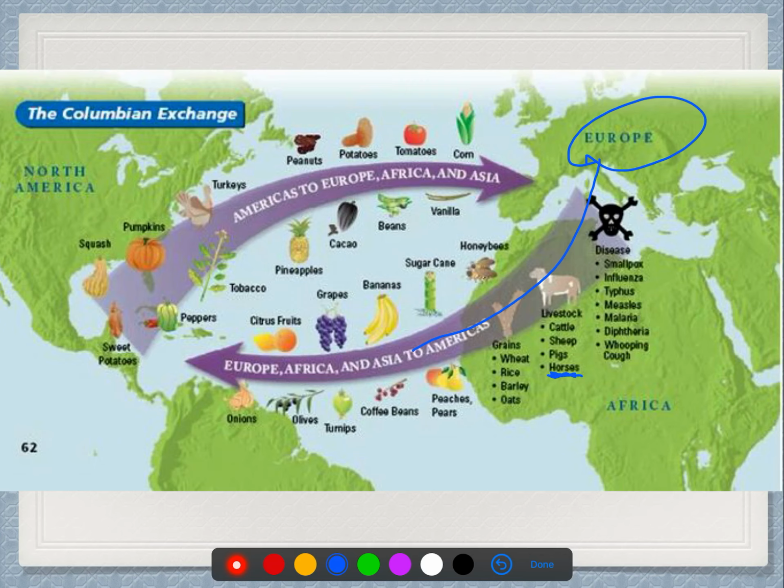They're bringing coffee beans. They're bringing olives. They're bringing onions. Okay. But coming this way, you've got pumpkins, you've got turkeys, you've got peanuts, you've got corn, right? One of the three sisters. So you have lots of things going both directions. And this is known as the Columbian Exchange.